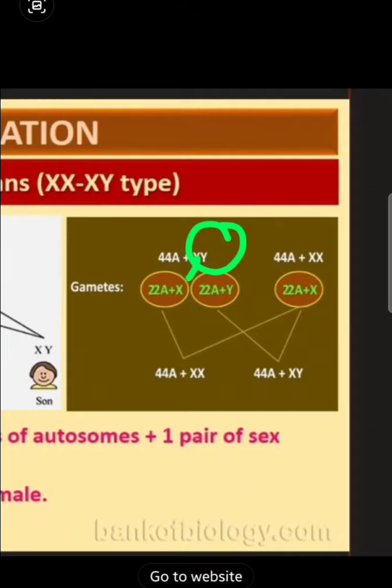So 50% of the sperms will get X, 50% of the sperms will get Y. But in the case of females, since they are homogametic, all the eggs will be X only. So all the eggs produced by the females will have the X chromosome because they are homogametic.